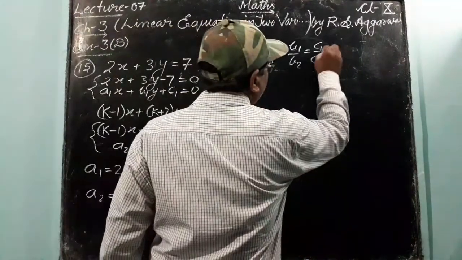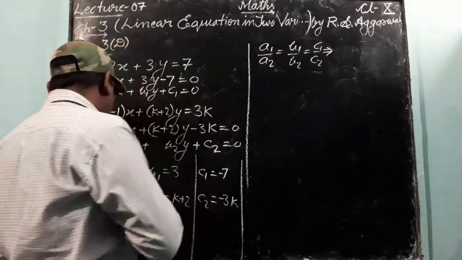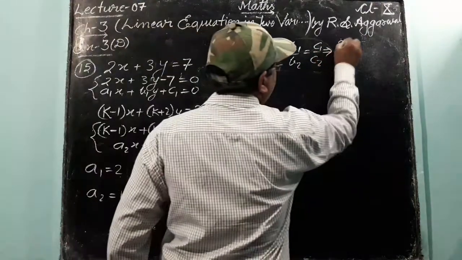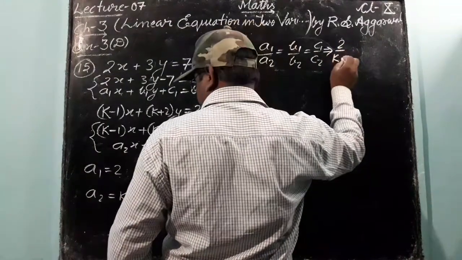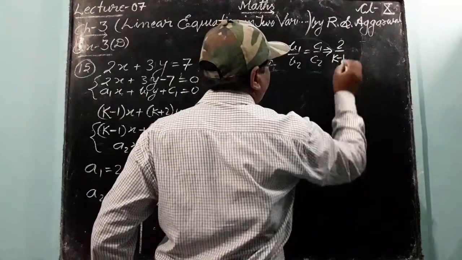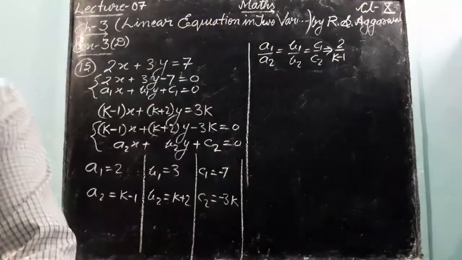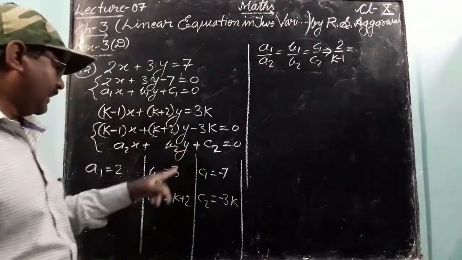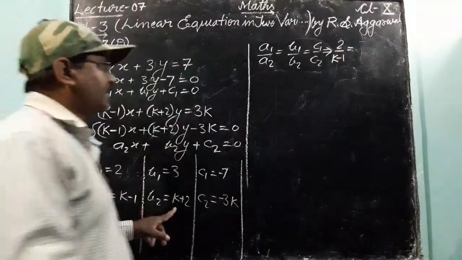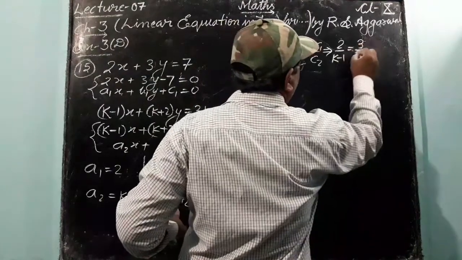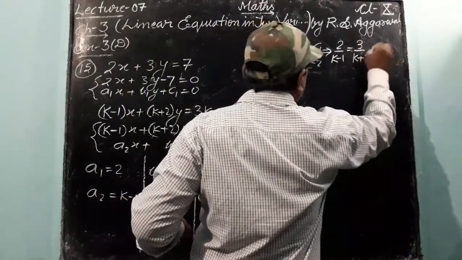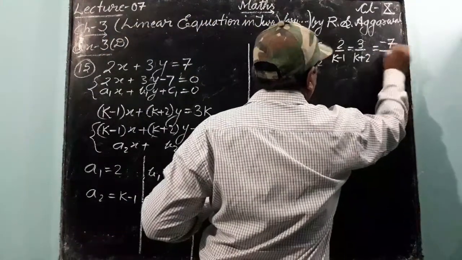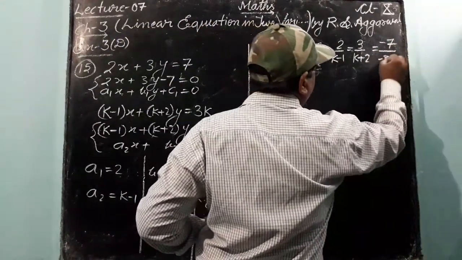In this form you will put the values. So a1 upon a2 means 2 upon k minus 1 is equal to b1 upon b2, that is 3 upon k plus 2, is equal to c1 upon c2, that is minus 7 upon minus 3k.